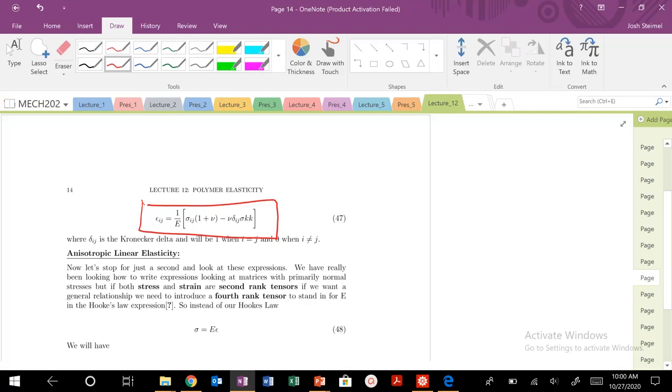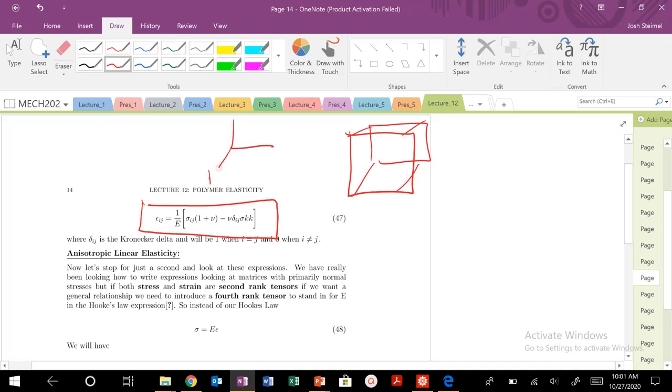So let's think about if I'm in the following stress state. Let's say I'm in 1, 2, 3. So let's say, for example, I'm pulling here, here, and I have in my stress tensor stress in the 3, 3.